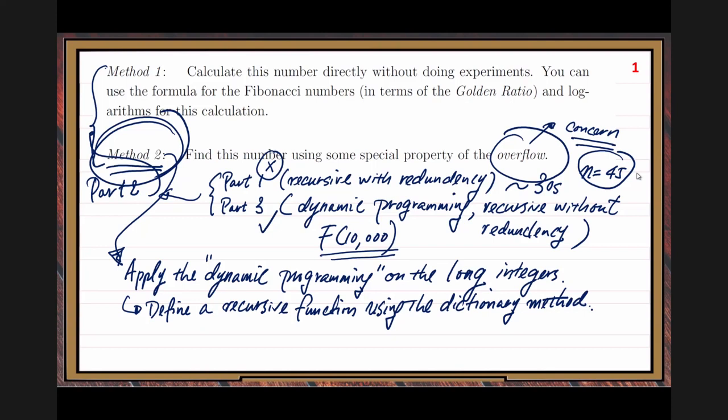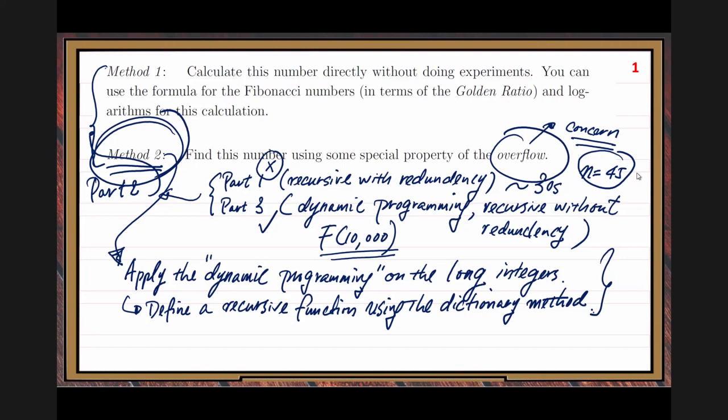Every time you need to calculate a new Fibonacci number, you look up in the dictionary first. If it is not available, you do recursion. If it's available, just retrieve it. Dictionary method, right?